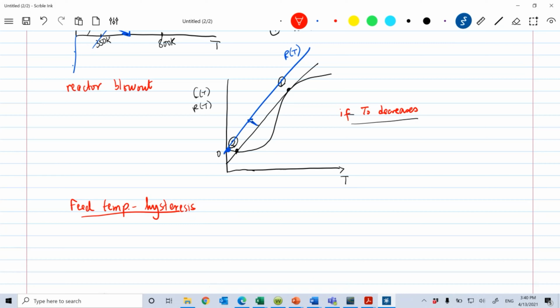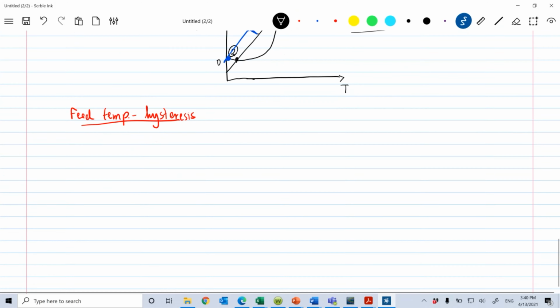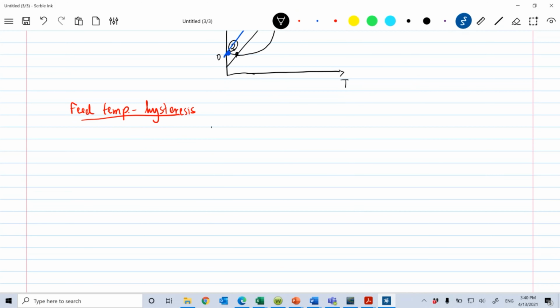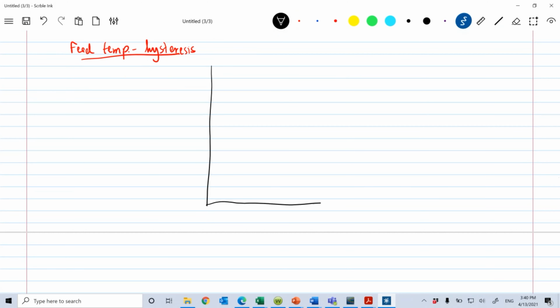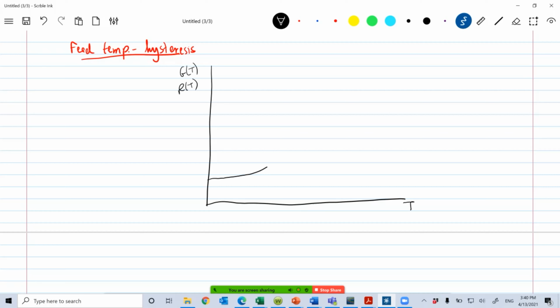All right. So let's say you have a phenomenon where, again, this is T, your G of T, R of T, and you have your G of T curve looking like that.